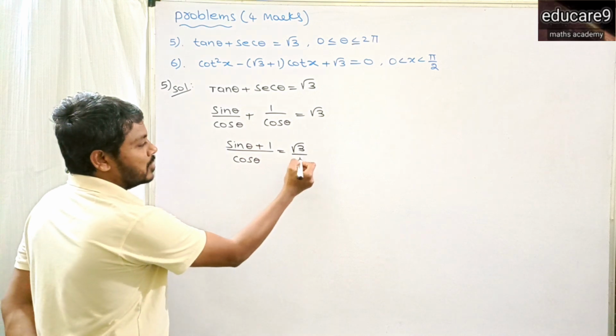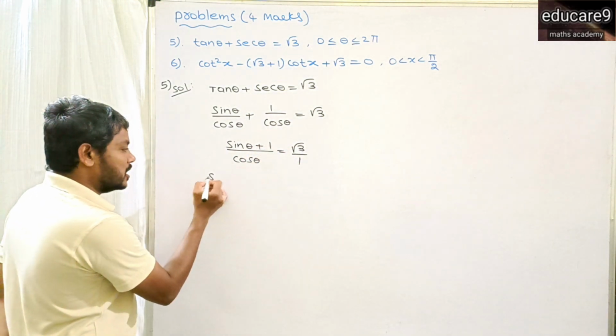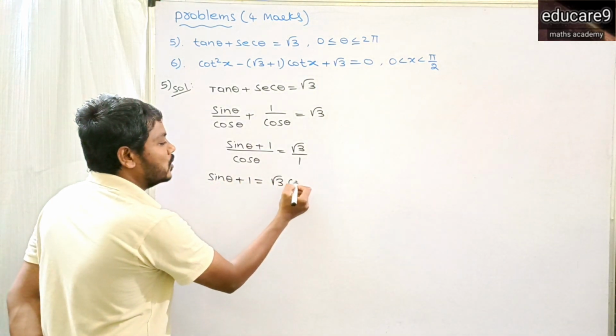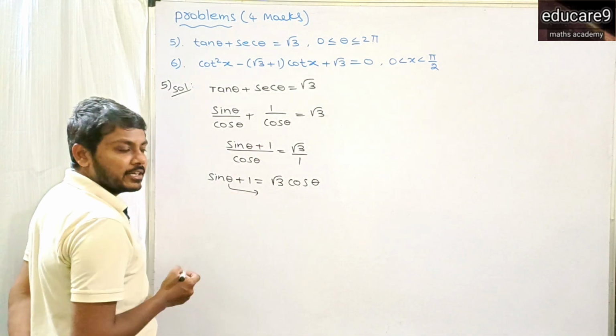So you can write root 3 by 1, and do cross multiplication. That is sin theta plus 1 equals root 3 cos theta. Take sin theta to the right hand side.